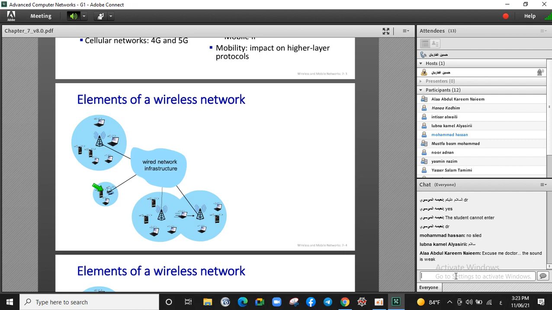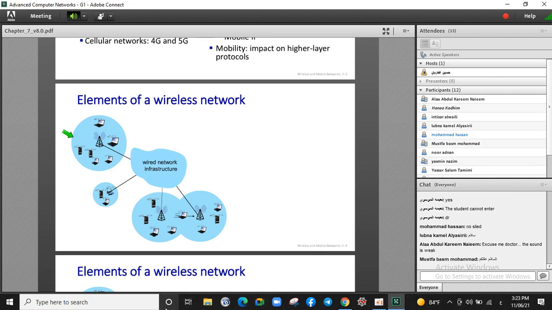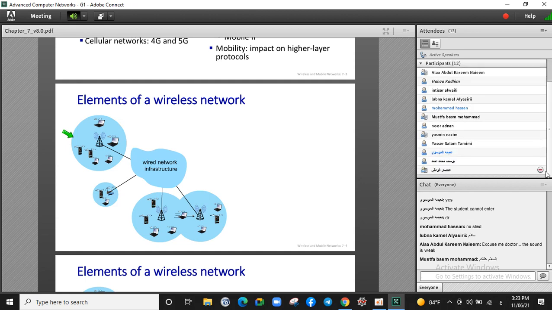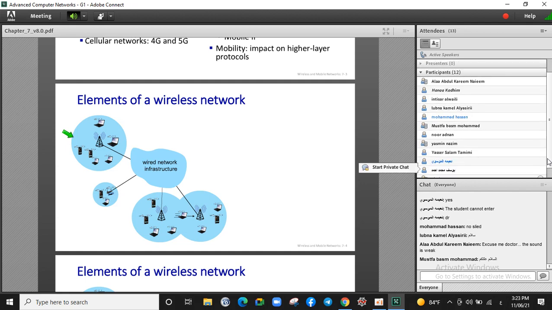Okay, but if I use a wide area wireless network, for example, a cellular phone technology, we can see that the communication range in this type of network is a bigger value.